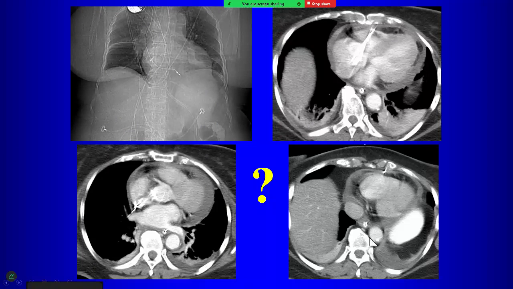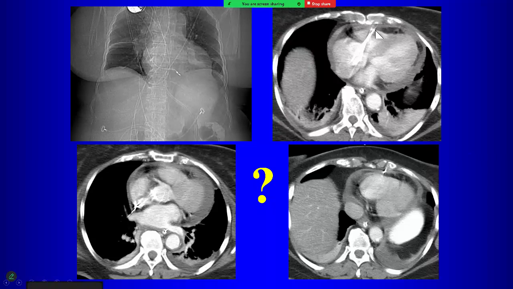Yeah. Okay. So take home point, whenever you're looking at a CT scan in a patient with a pacemaker, if you notice a pericardial effusion, go back and look very carefully at the pacemaker, okay? Because perforations of the right ventricle can be well tolerated. It's under low pressure. The patient will develop a pericardial effusion, though.